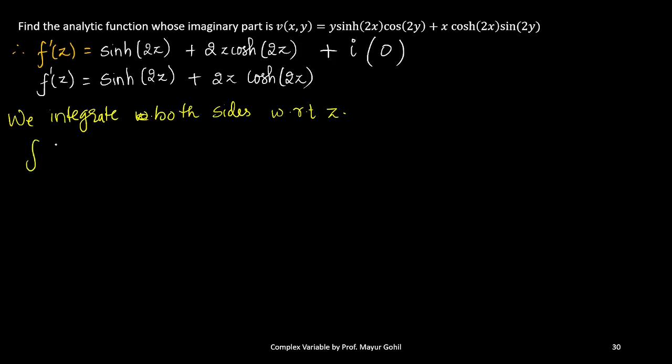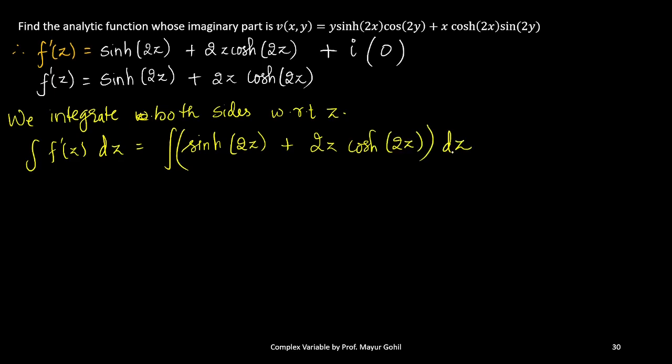So integral f dash of z dz is going to be integration of sin h 2z plus 2z cos h 2z dz. So here, integration of sin h 2z is cos h 2z divided by 2.